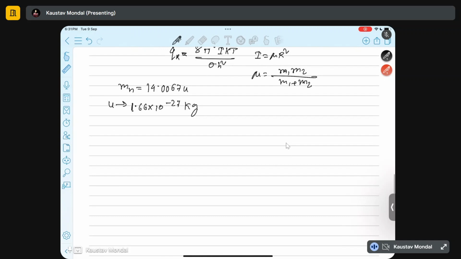So if you multiply the mass with 1.66 into 10 to the minus 27, the value of u, you will get mN as 2.325 into 10 to the power minus 26 kg.